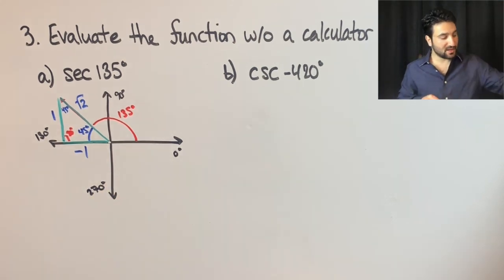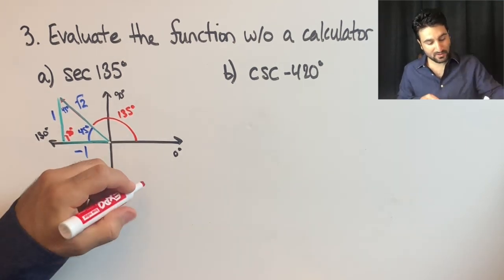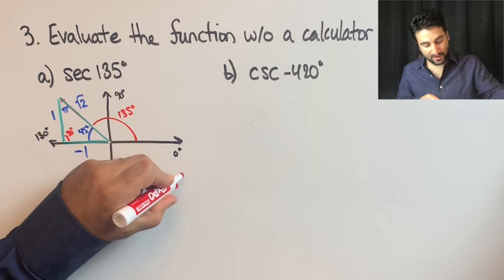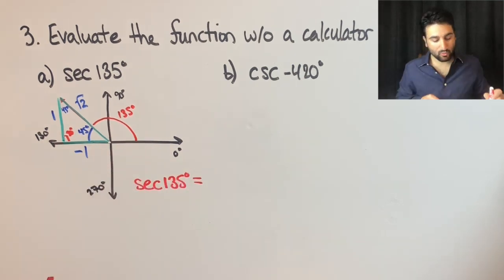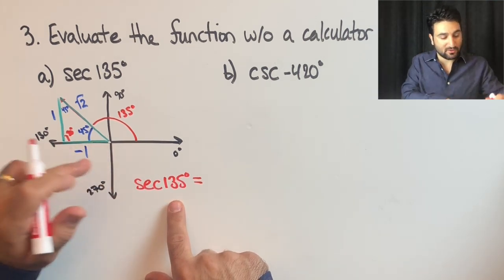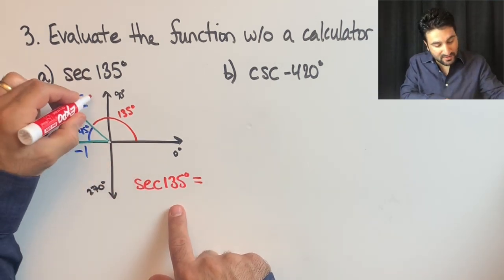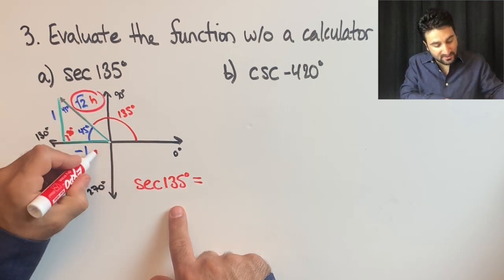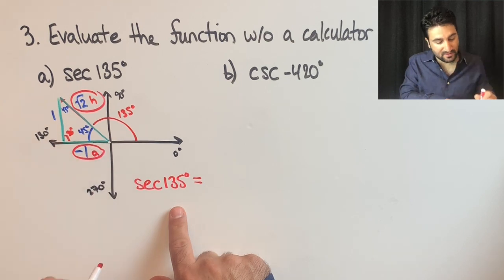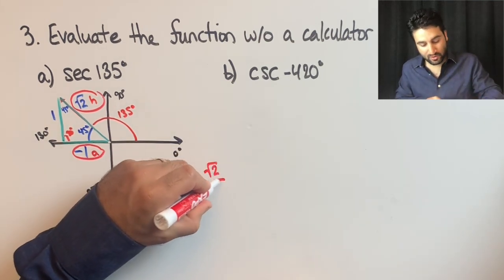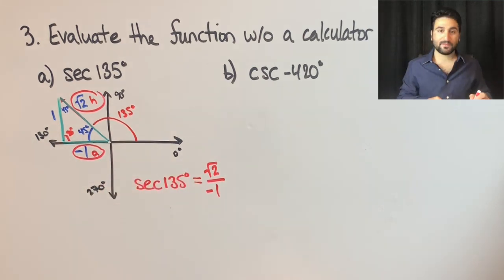So secant of 135 degrees will be the hypotenuse over adjacent of this triangle. This is the hypotenuse, and the adjacent is this. So it will be root 2 over negative 1. And this is the answer to this problem.